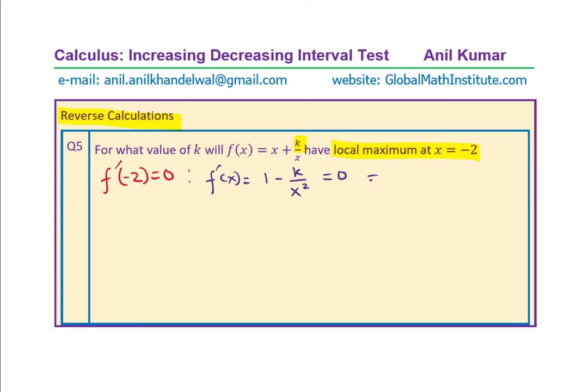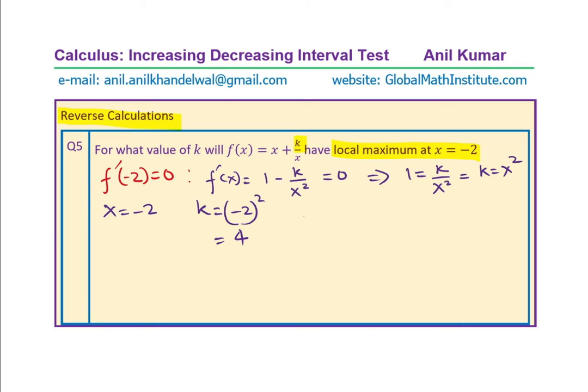So this implies 1 equals k over x square, and that gives you the value of k as equal to x square. Now, we know this is for x equals minus 2, and therefore k is equal to minus 2 square, which is indeed equal to 4, correct? So we have our answer. Now, how do you confirm that this is a maximum, right? So do that yourself.